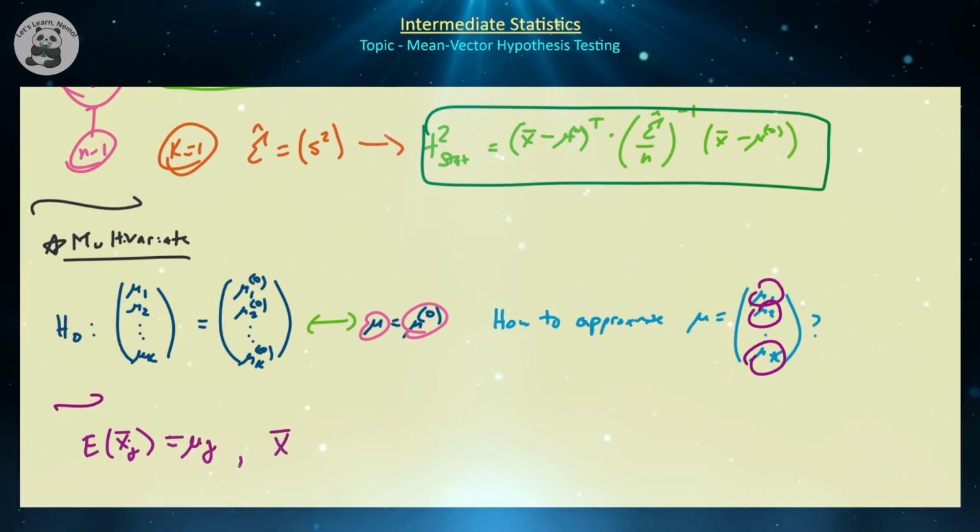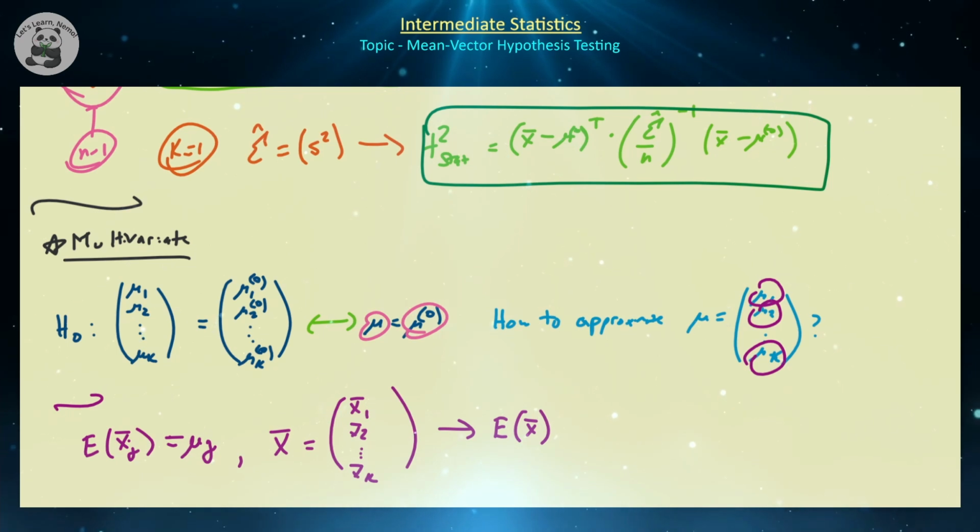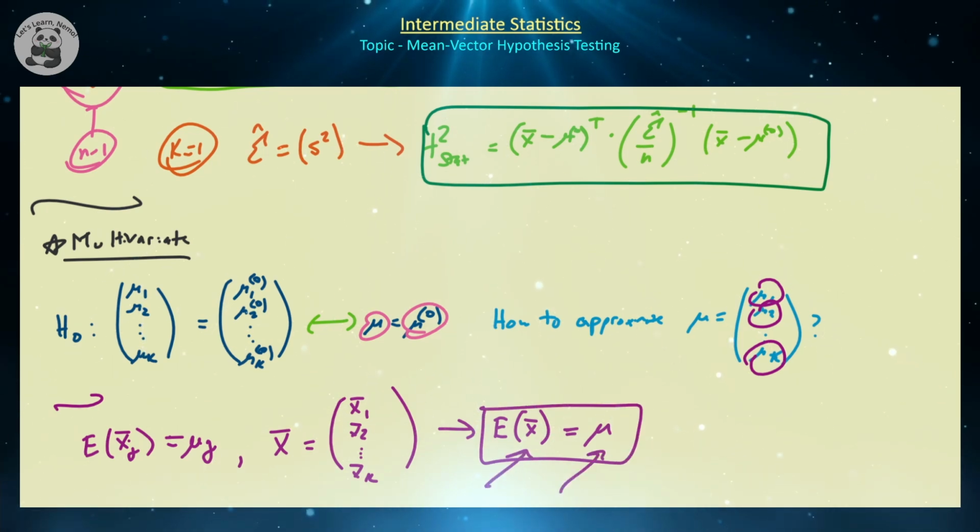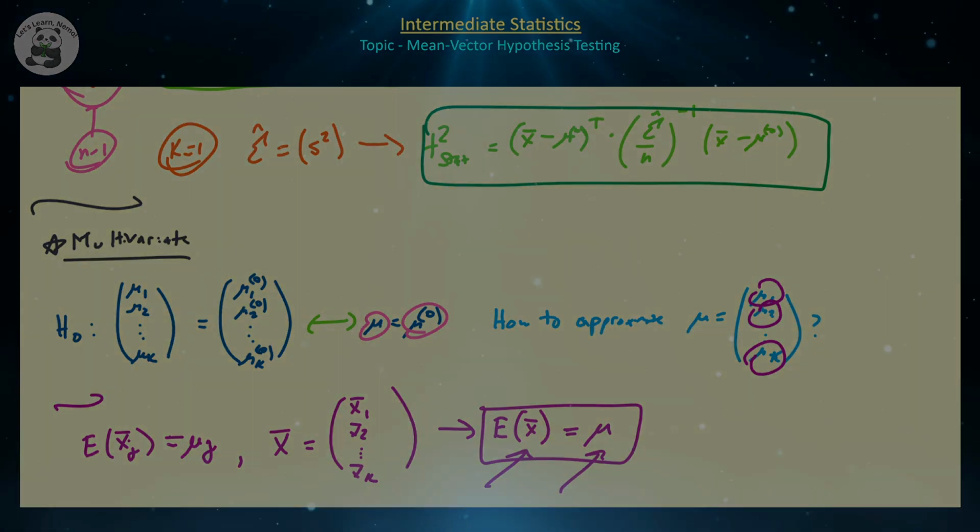So if we define a vector, say x bar, which is just x bar 1, x bar 2, down to x bar k, then we have the expected value of the sample mean vector x bar is actually equal to the population mean vector mu. So since we know a point estimate for this vector, we can use x bar as a point estimate for mu, just like we did in the univariate case.